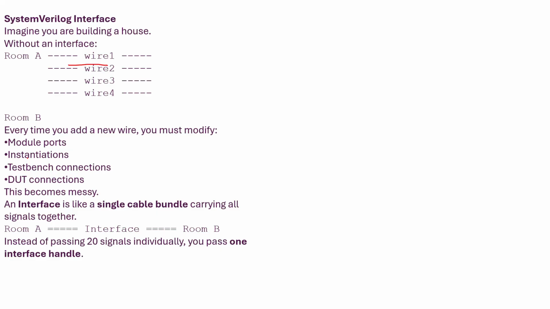See, if you are connecting 20 signals individually, but you write all 20 signals in one interface, then this interface will connect all the signals at a time. So instead of passing 20 signals individually, you can pass one interface handle. How do we represent the interface handle? Interface.